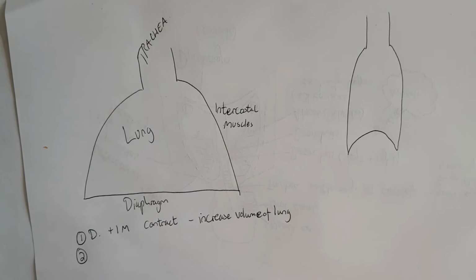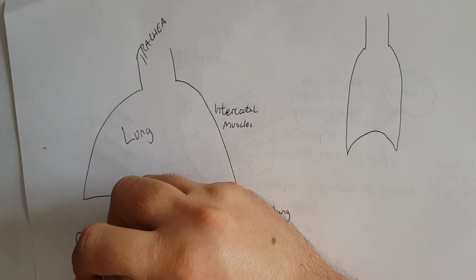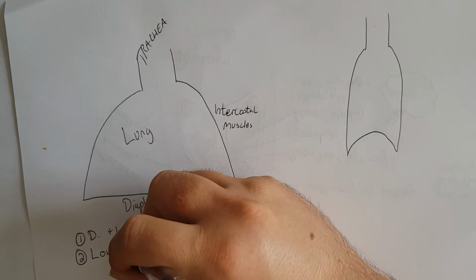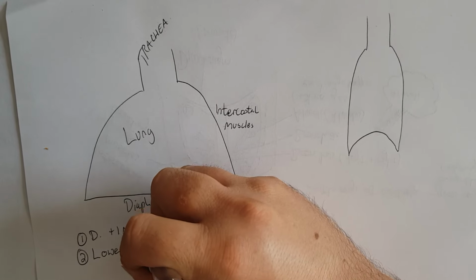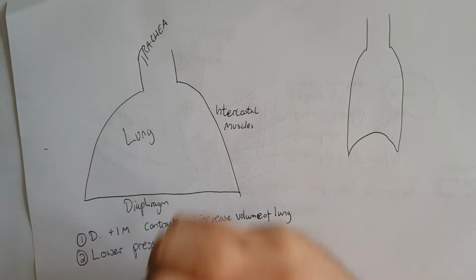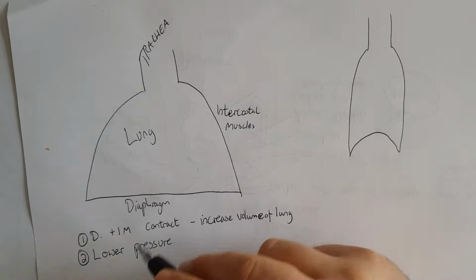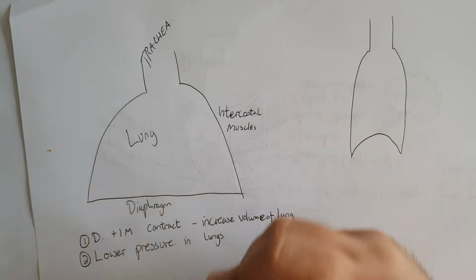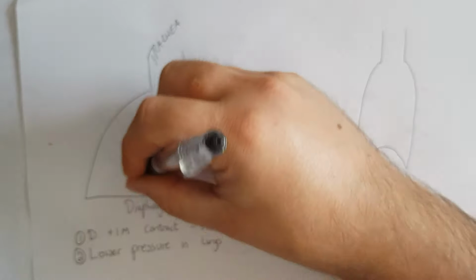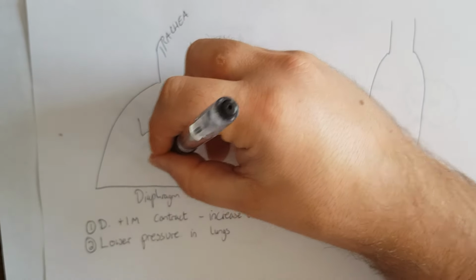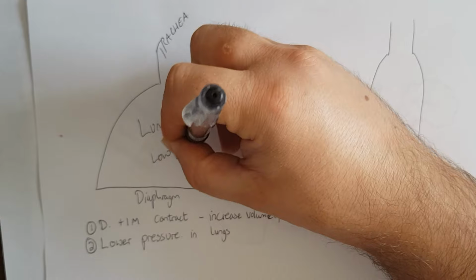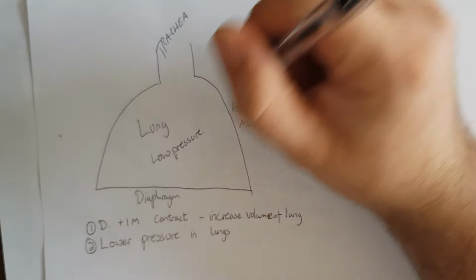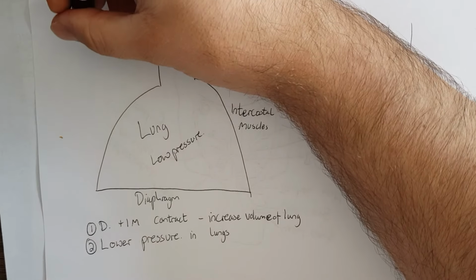Because we've increased the volume, but we haven't changed what's in there yet, we now have a lower pressure. We've got a lower pressure inside the lungs. Now that's compared to outside, in the atmosphere around us, where we've got a higher pressure.